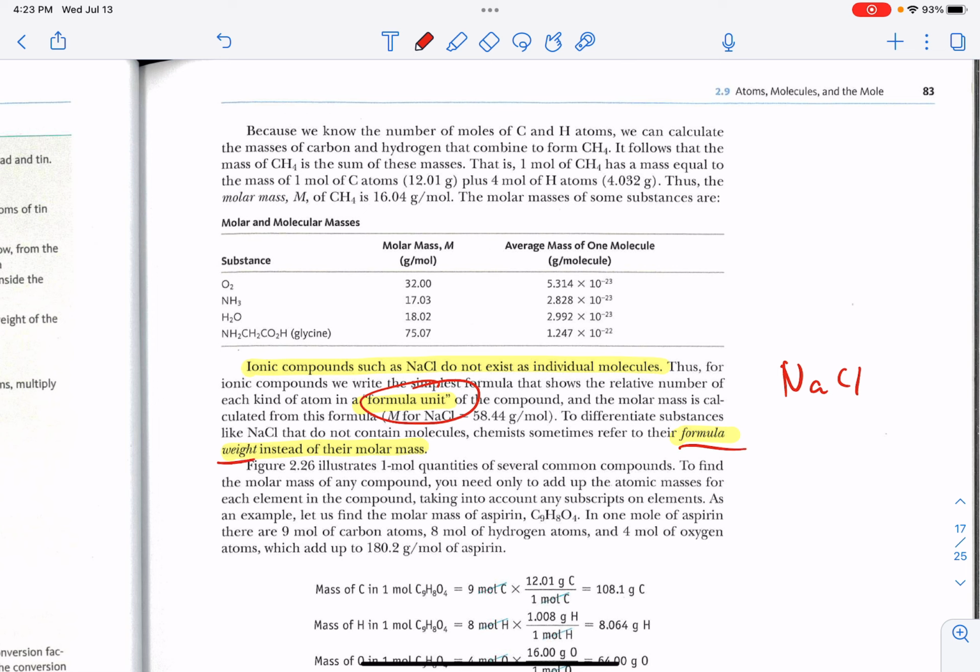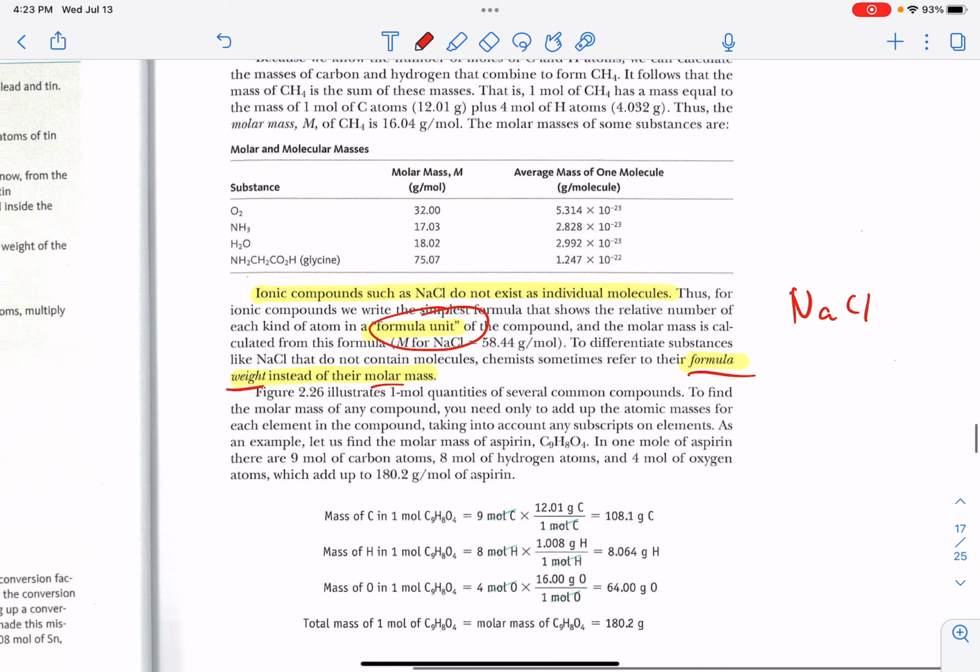I would prefer formula mass, but formula weight instead of molar mass. So for molecular compounds, we use molar mass, and for ionic compounds, we use formula weight, formula mass. Though you'll hear scientists all the time use molar mass for a mole of any type of substance, ionic or covalent.